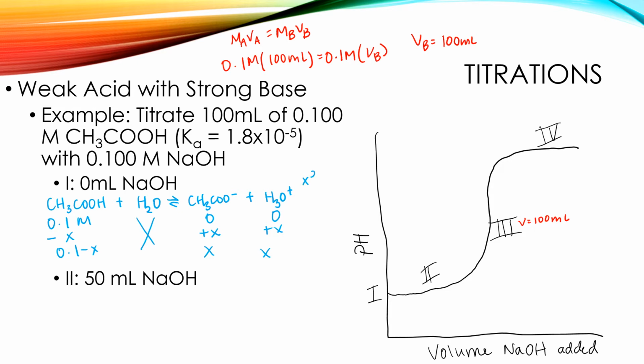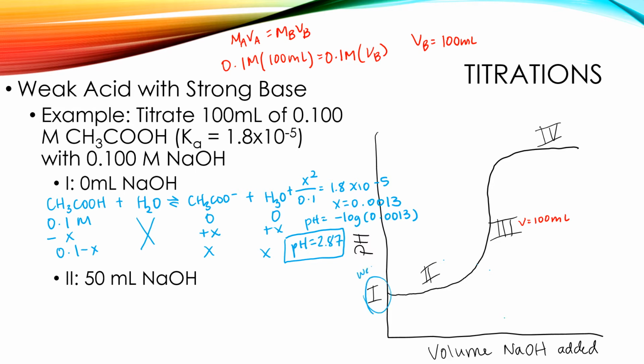Then I'm going to set that x squared over 0.1. I'm going to ignore my x because the Ka value is small. When I solve for x, I get 0.0013, and when I take the negative log, I get that the pH is equal to 2.87. That's an acidic pH, which is what I expected, because at region 1, I have only a weak acid.